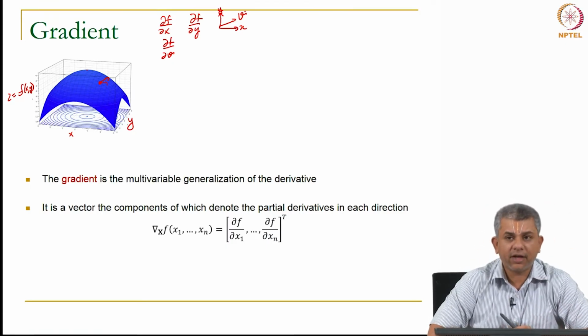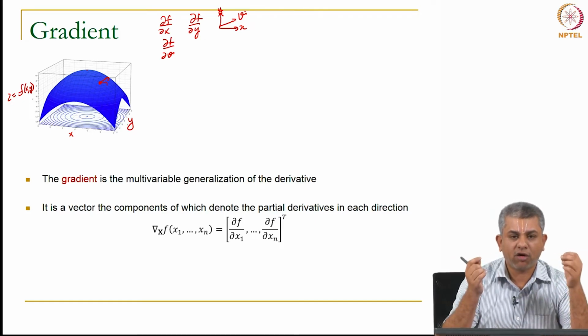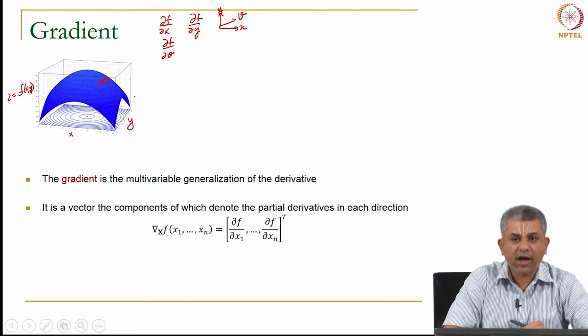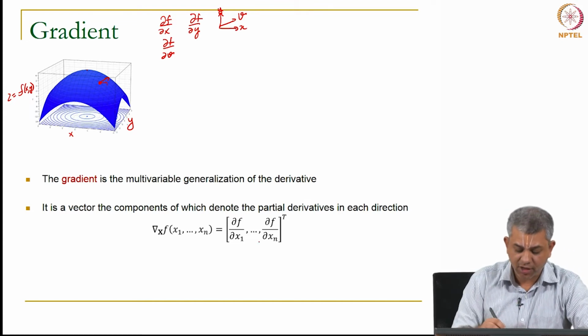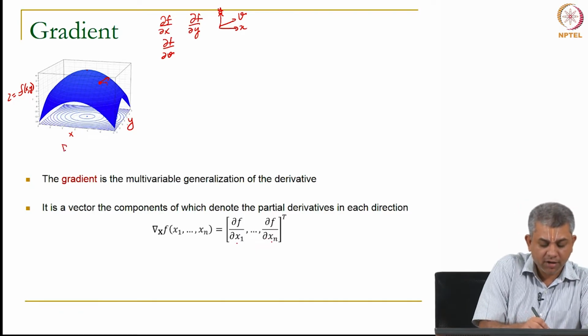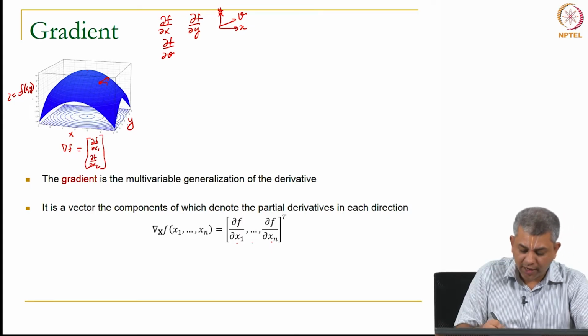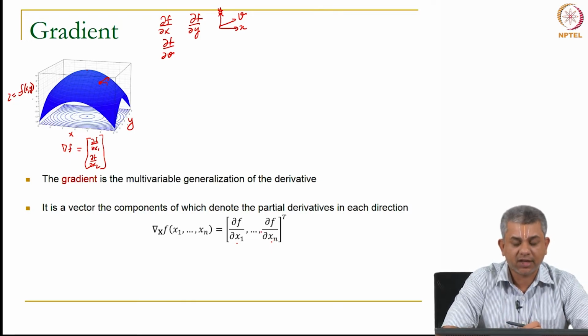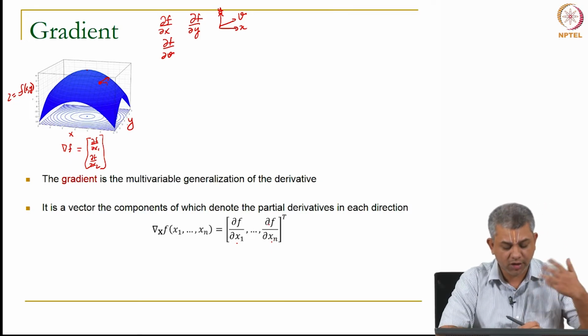So, the gradient is defined as basically a concatenation or a putting together of all these partial derivatives. So, in the two dimensional case, we have two such partial derivatives. In the n dimensional case, you will have n such partial derivatives and you would basically write the gradient of f as del f del x 1, del f del x 2, so on and so forth up till del f del x n, and I have put a transpose there to show that this is a vector.